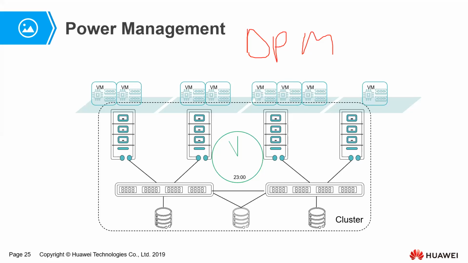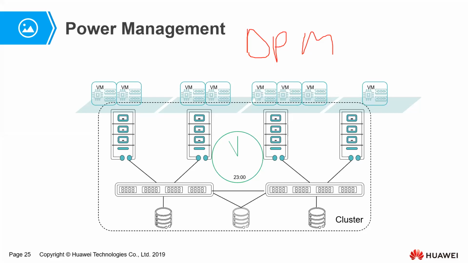the system to periodically check resource usage on a host in a cluster. If the resources in a cluster are sufficient, but the service load on each host is light, then the system migrates some of the VMs to other hosts and then powers off these hosts, reducing power consumption. If the services are now overloaded, the system will power the hosts that were off back on, and then it will do load balancing among the hosts.